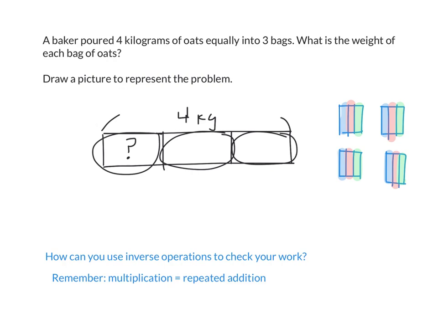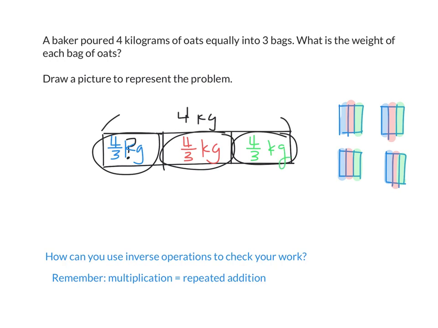Yeah, there's 4 thirds in this one, 4 thirds in this one, and 4 thirds in this one. If I want to color code it to make it match up with my drawing over there, I could do it like this. I could say that in the blue bag, there is 4 thirds of a kilogram. In the red bag, there's 4 thirds of a kilogram. And in the green bag, there are 4 thirds of a kilogram.